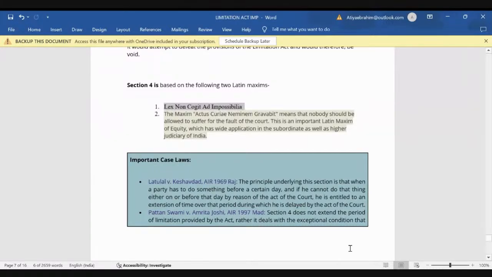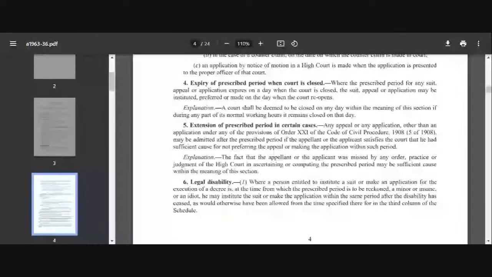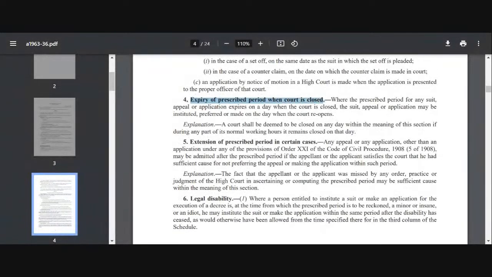Now please see the explanation to section 4. I'm going back to the Bare Act. Section 4, look at the explanation to expiry of prescribed period when court is closed.